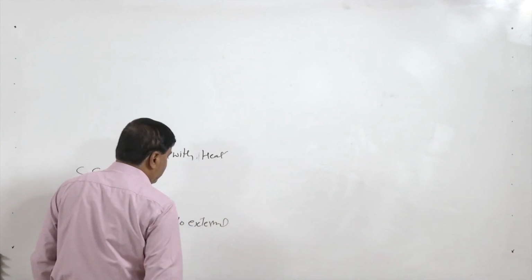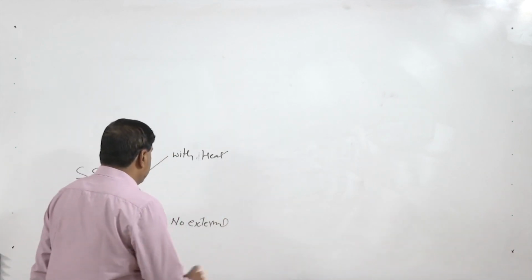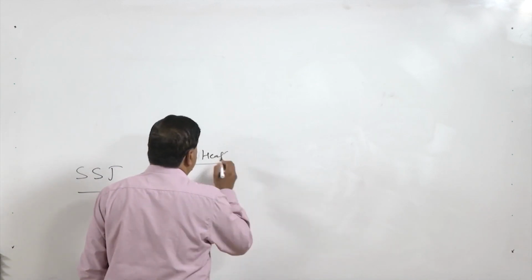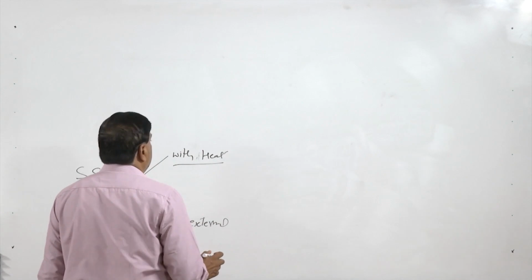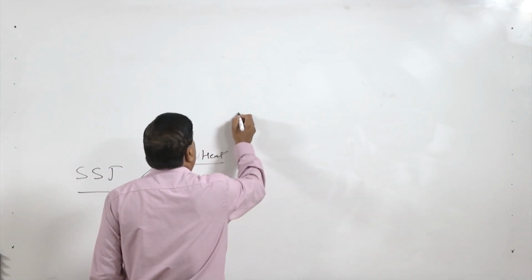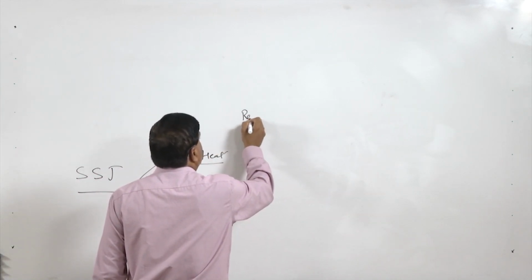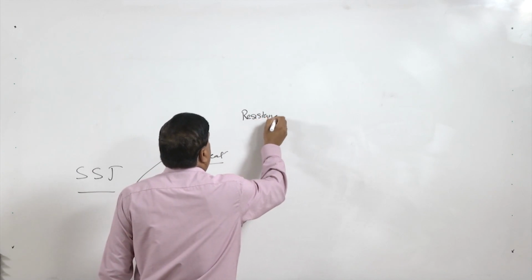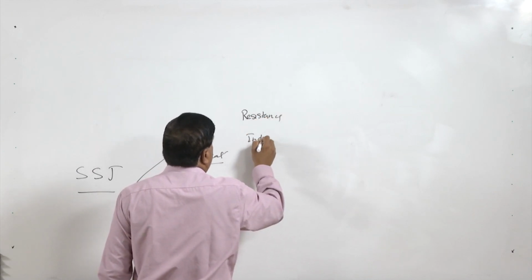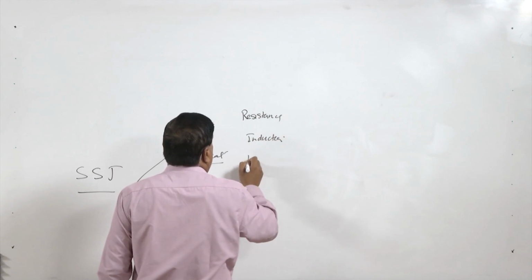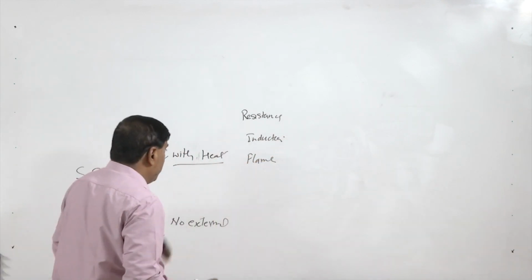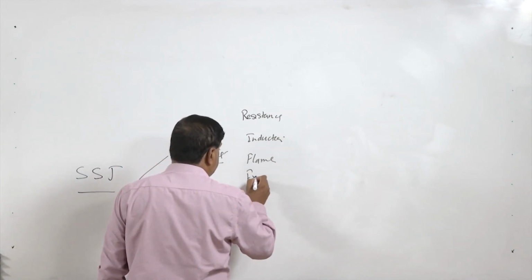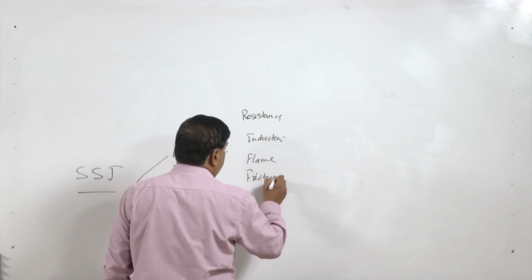With heat means heat is applied using external sources, which may be in the form of resistance heating, induction heating, flame heating, or it may be that we intentionally apply friction.